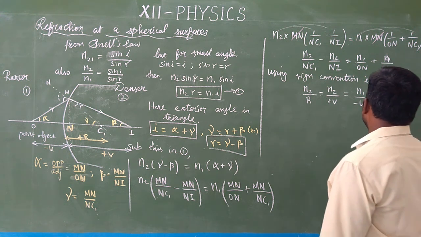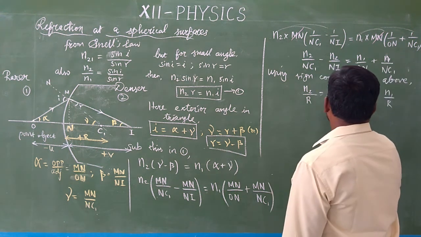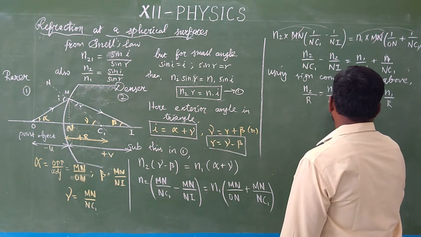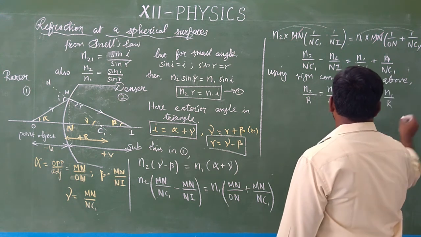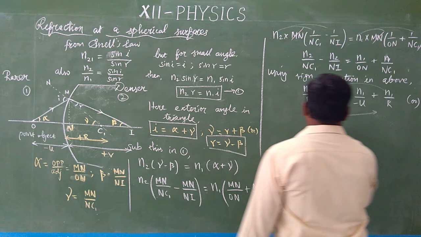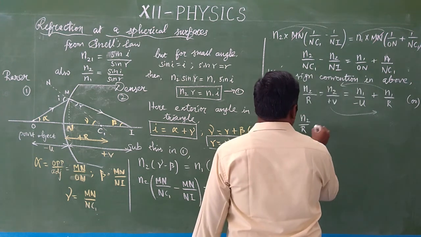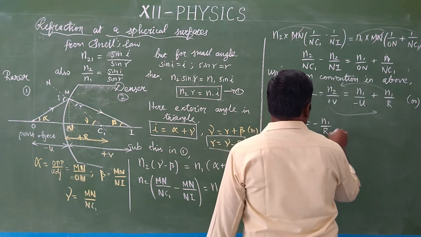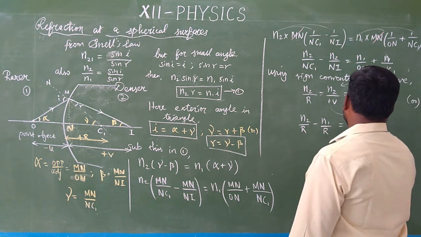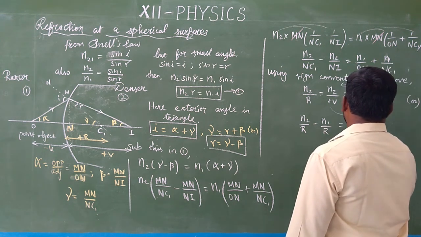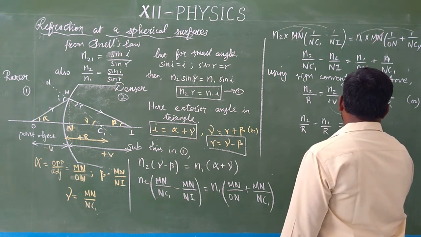Okay. Now you are going to rearrange the two terms. So this term to the right hand side and that term to the left hand side, and you will get n2 by r minus n1 by r. This plus term you are transferring to left hand side, you will get minus, which is equal to this minus you transfer here, minus n1 by u.